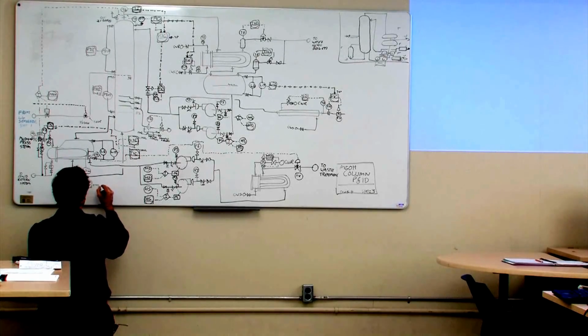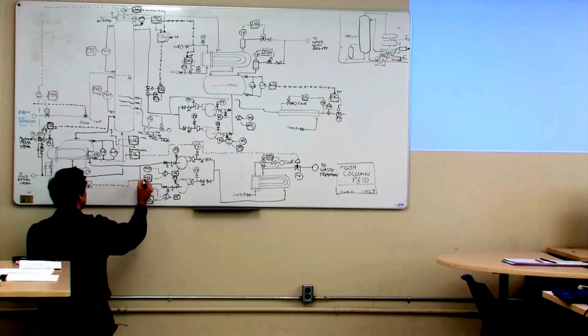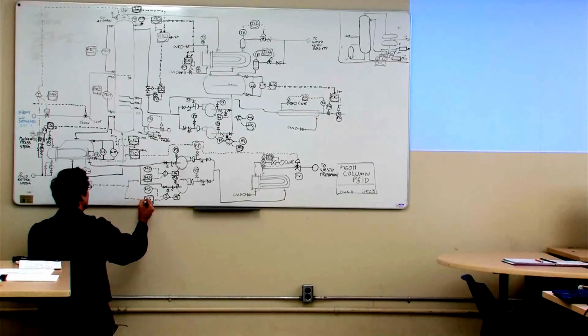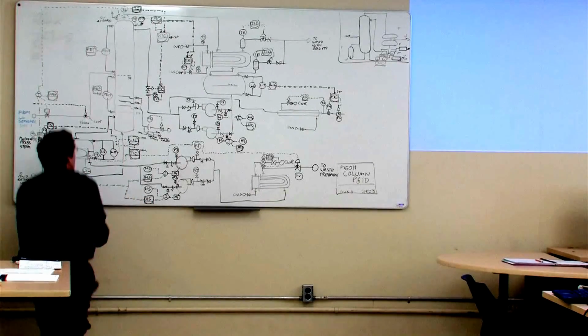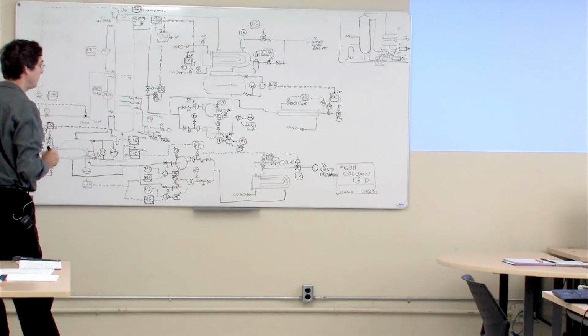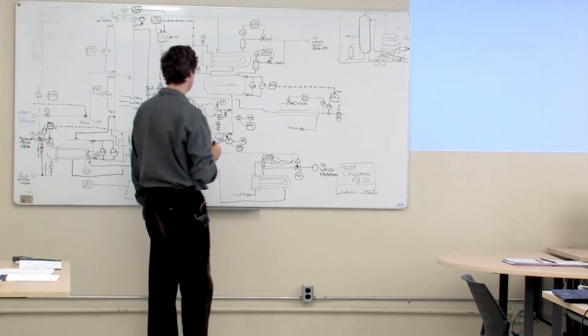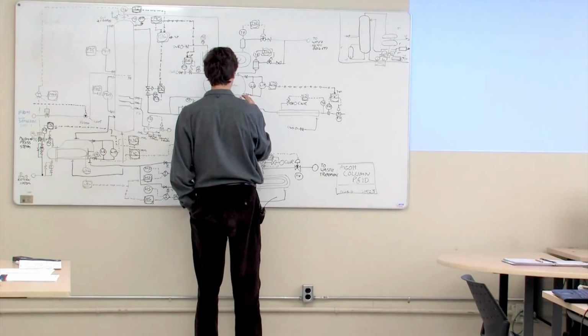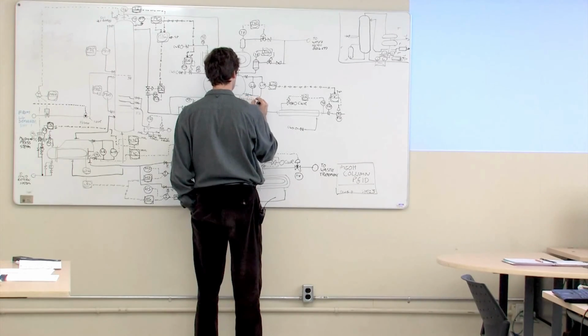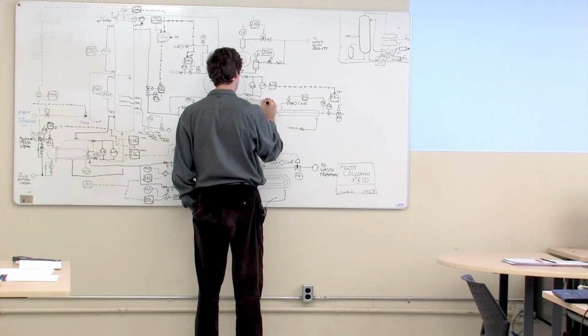So you can either send a hardware signal or a software signal into your pump control. I'm going to do it in software. And you'd be smart to do the same thing here as well. Like that. And we are basically done.